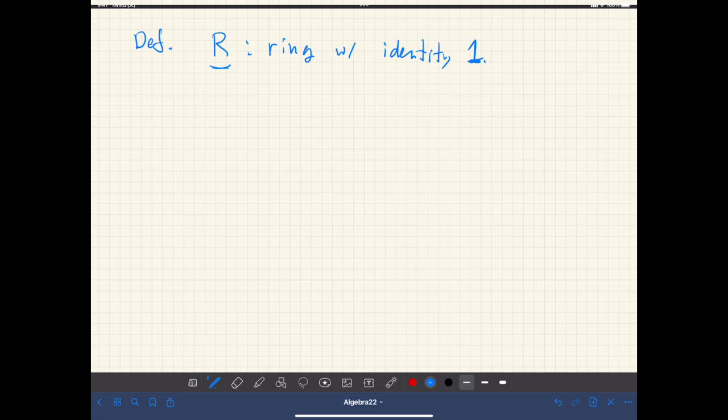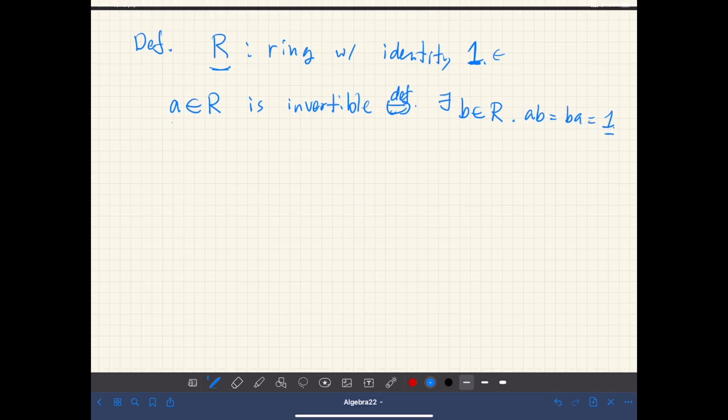Okay, and let A be an element of R. This A is said to be invertible if there exists some element B in R such that AB is equal to BA is equal to 1. So this 1 is this one.